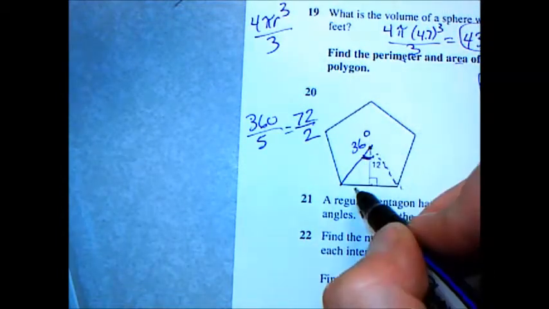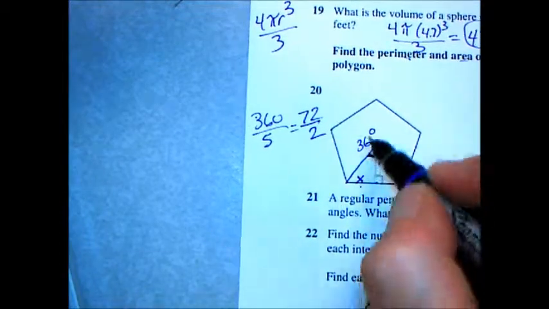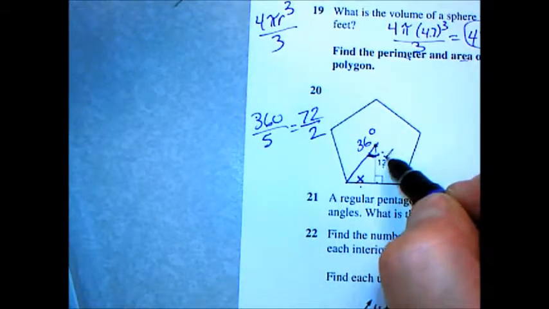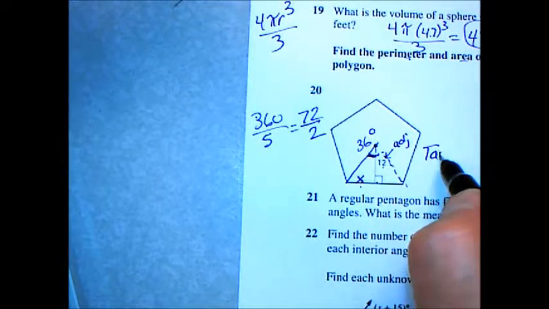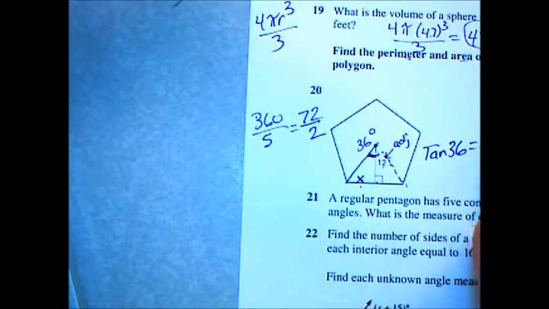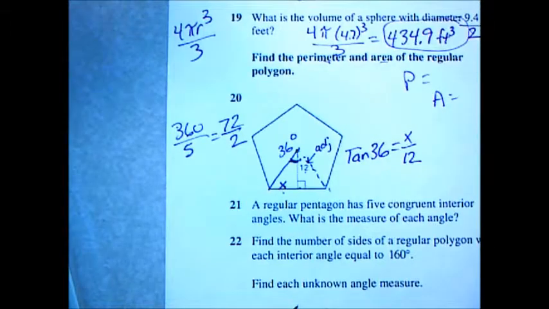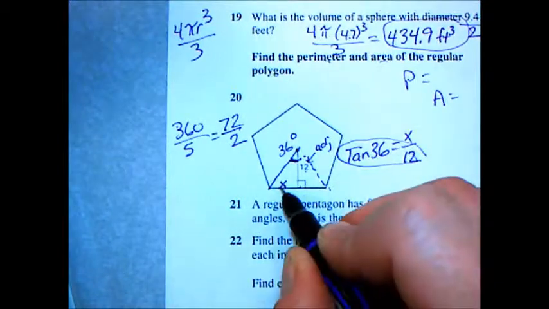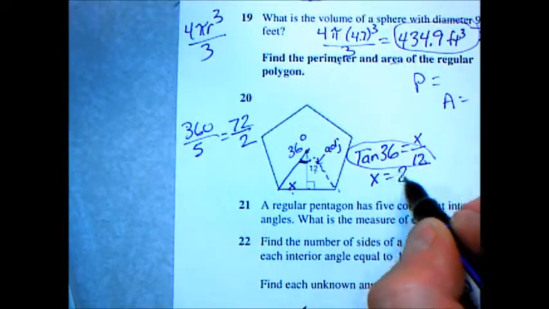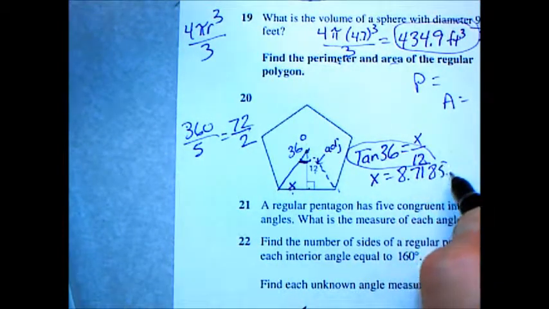Now I need that so I can find this bottom side. This is the opposite. This side is my adjacent. So using trig, I'm going to do the tangent of 36 equals x over 12. Cross multiply. Tells me that this little piece here is 8.7185 and on.